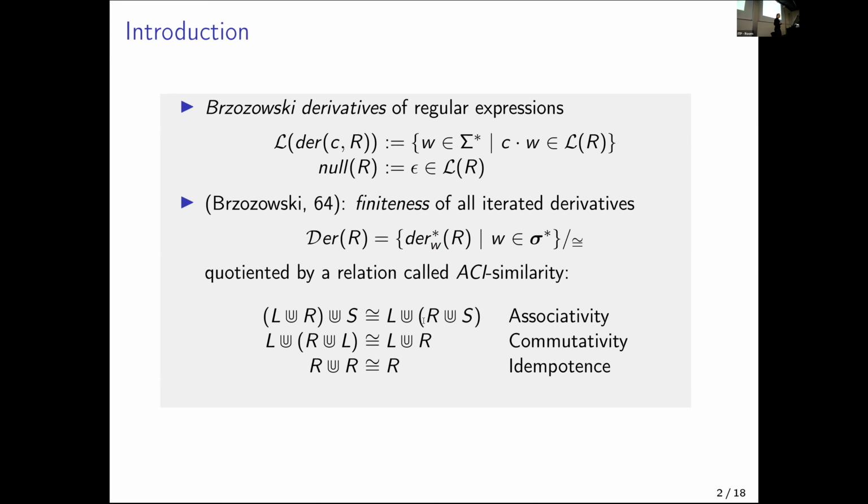And this relation is the ACI similarity, which very intuitively corresponds to the associativity, commutativity, and idempotence of the union operator, which allows us to remove duplicates and conclude the proof of finiteness.